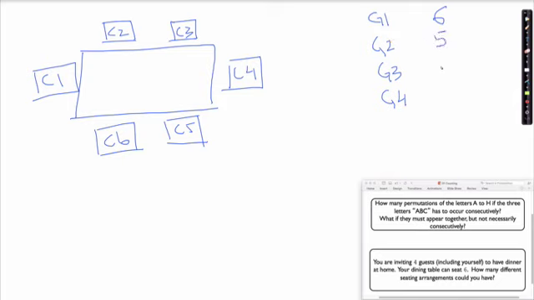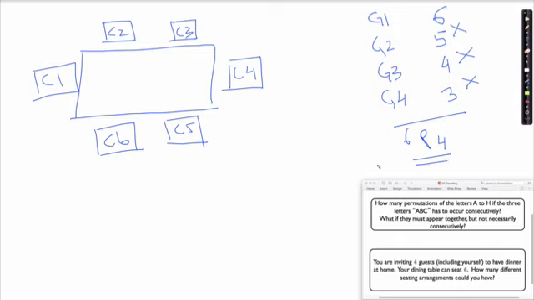So in that case, it is 5. And G3 is going to have 4 to choose from, and G4 is going to have 3 to choose from. So in this case, we have essentially 6P4, which is 6 times 5 times 4 times 3. And this is one way to get the answer.